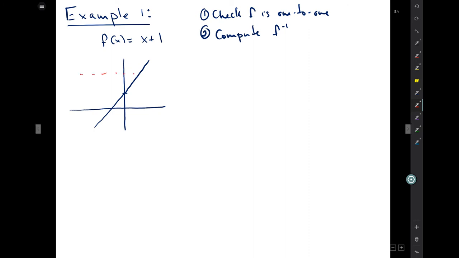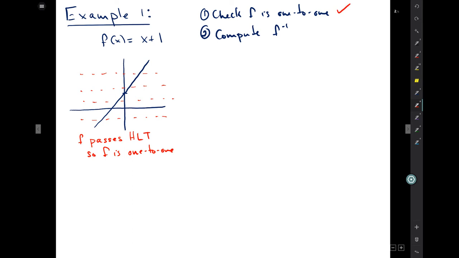And if I draw some sample horizontal lines, here's the graph of f of x, which is x plus 1. I can see visually that f passes the horizontal line test, so f is one-to-one. So I have a reasonable expectation that my inverse exists.